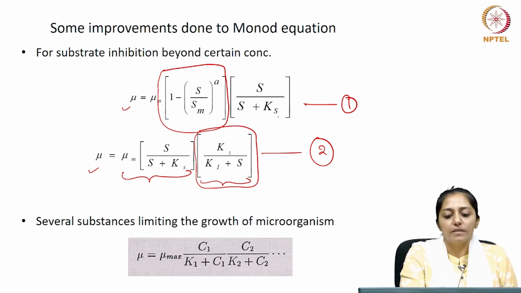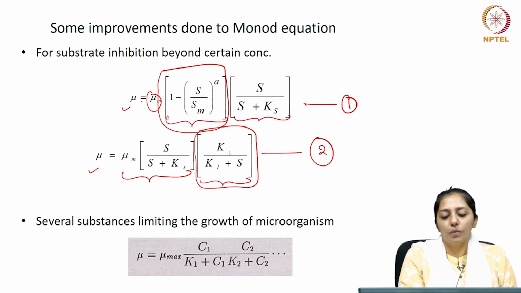In equation 1, similarly, the second term is the limiting term of the Monod's model, and the first term here is the term which will take into account the substrate inhibition effect on the specific growth rate of the culture.